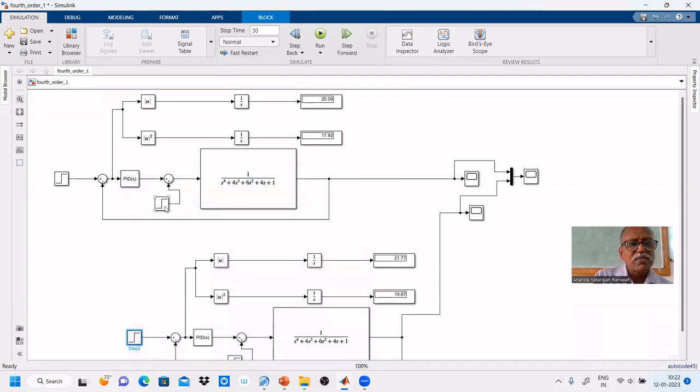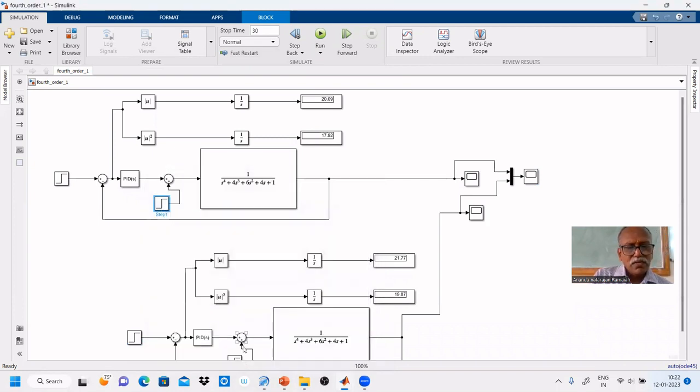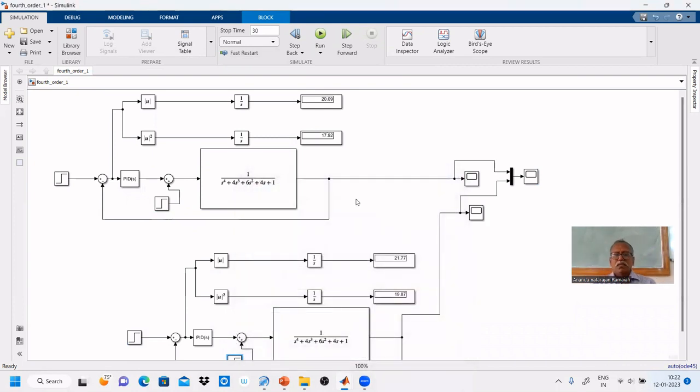Now we are going to give a disturbance at time equal to 5. The final value is 1. Here also the final value is 1. That's all. So now we gave the disturbance.